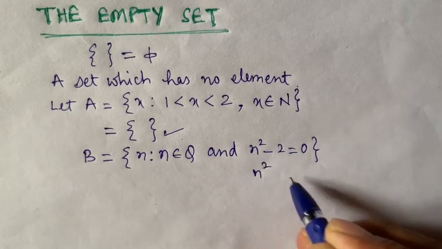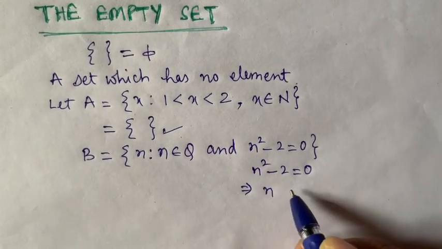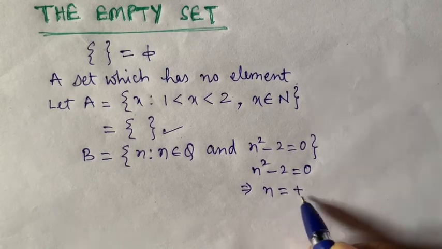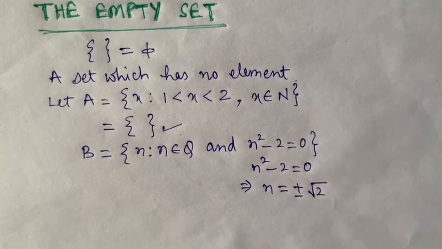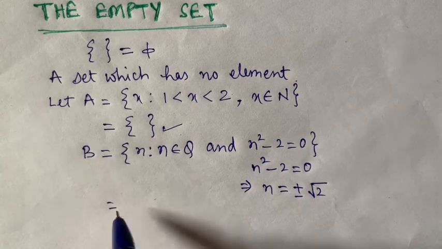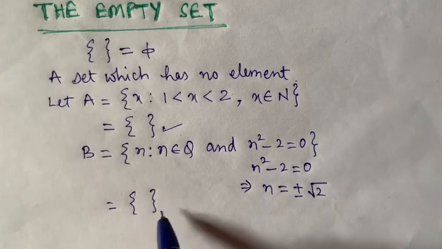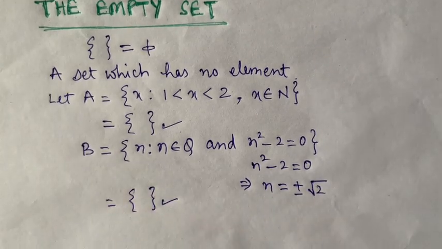Plus minus root 2 are not rational numbers, so again we won't be able to write any element for this, and ultimately it will be an empty set.